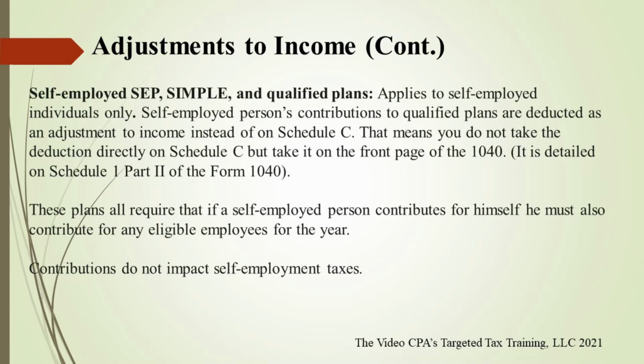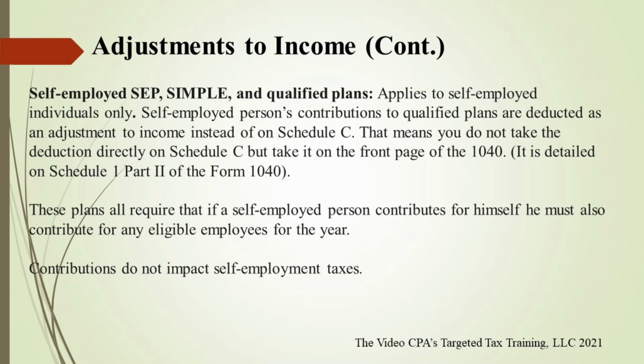All right, self-employed plans. These are retirement plans basically that cover self-employed people. So you've got SEP plans, you've got SIMPLE plans, SIMPLE IRA, and qualified plans. The contributions differ for each type of plan.